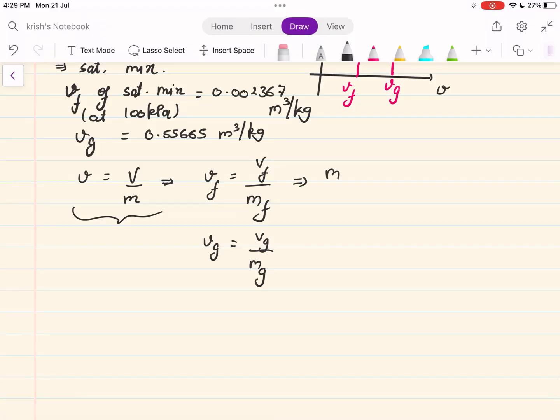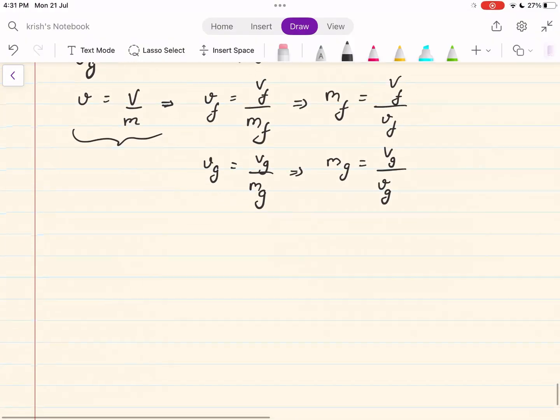Now, the mass of the liquid can be given by the total volume of the liquid divided by the specific volume of the liquid. Similarly, the mass of the gas can be given by the total volume of the gas upon the specific volume of the gas.